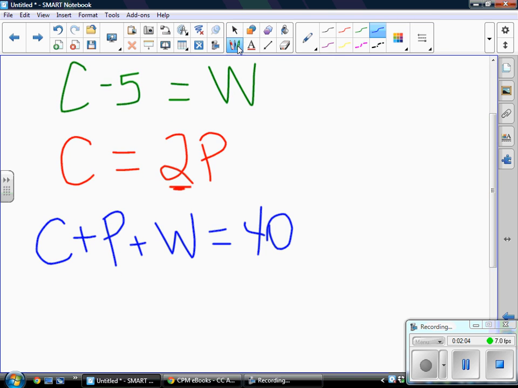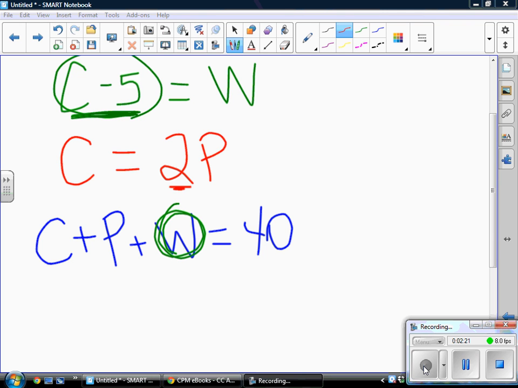I know that W is represented by this value. So I'm going to replace W with this value in my equation. Now I need to replace P in my equation with something. Now I don't have P equals anything, I have C equals something.